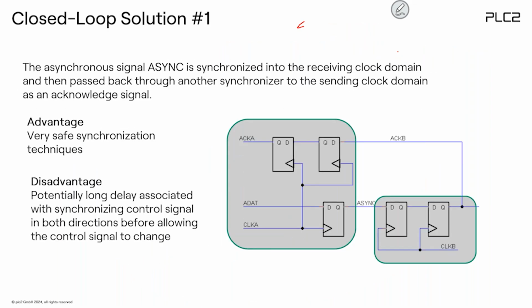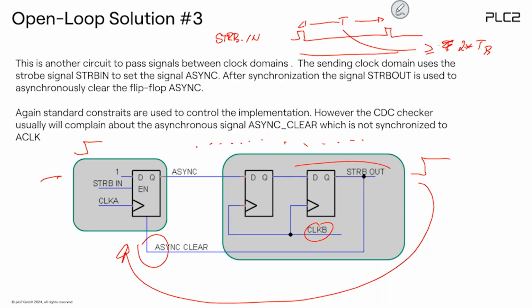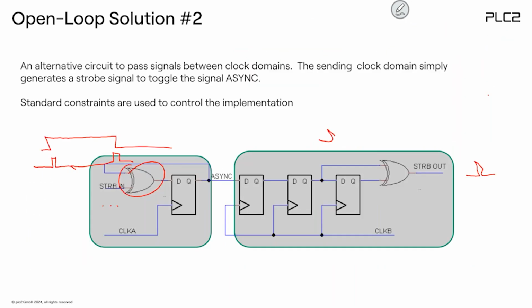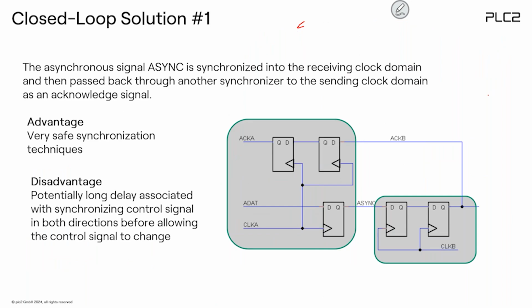Closed loop. So now the closed loop solution. What if we really need to be sure that we get and synchronize the signal? If I go back, here for example we just apply the signal, but this could be missed. But we cannot afford to miss the signal. Then we can do something like this.